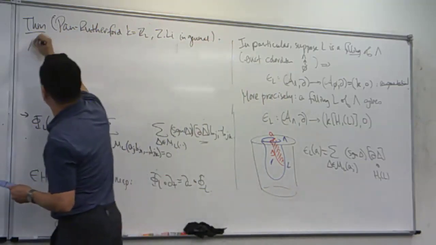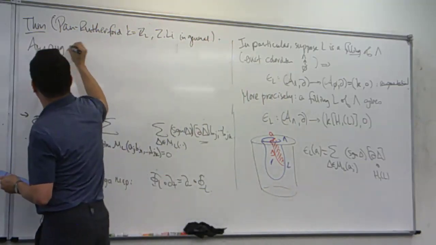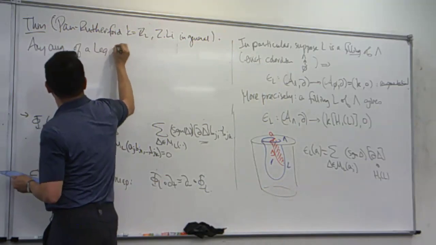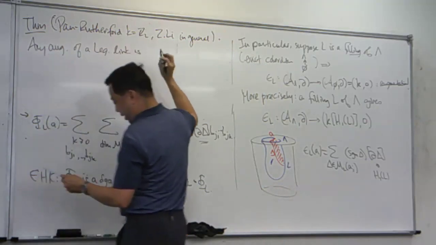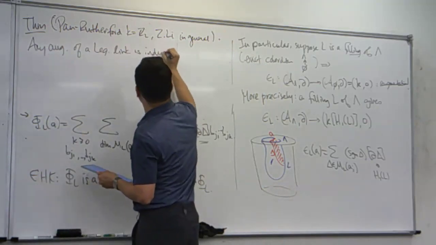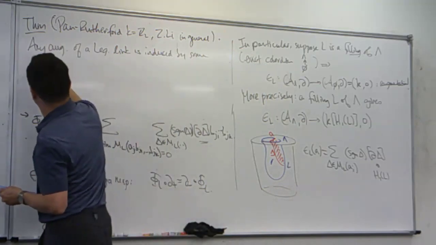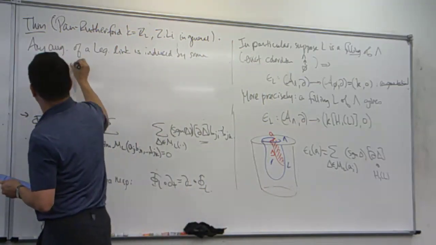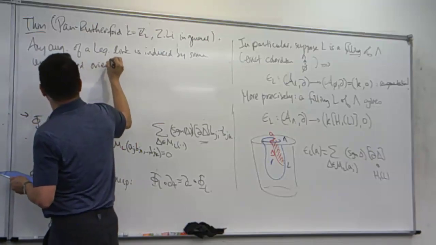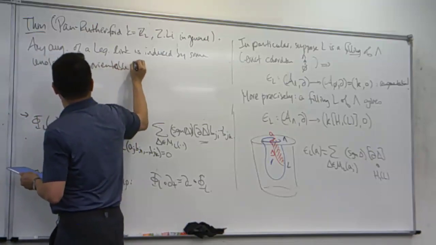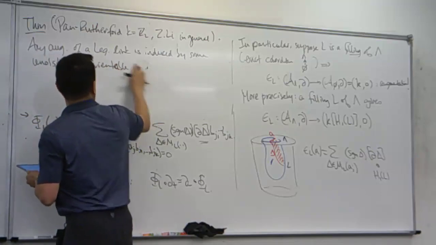It says that any augmentation of a Legendrian link is induced by some unobstructed immersed filling. Unobstructed, let's say, oriented. But immersed, let's say, is the most important.